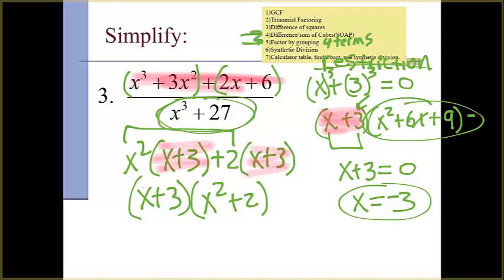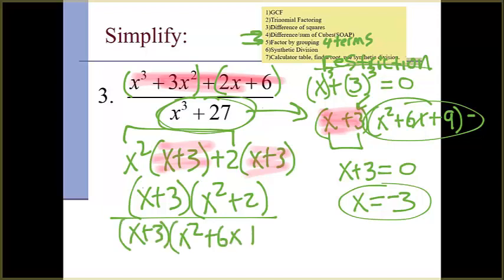And the nice thing about doing the restrictions is I also found out what the factored part of that bottom part is. So we know it's x plus 3, parenthesis, and then we have the x squared plus 6x plus 9. So in this regard, we have the married couples that we're looking for. The only married couple we have is the x plus 3 and the x plus 3.